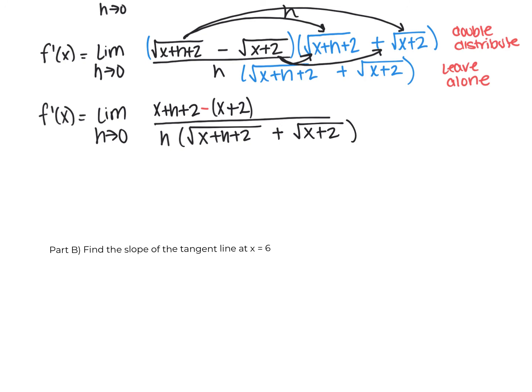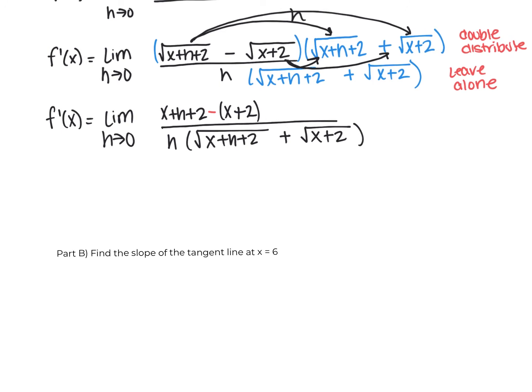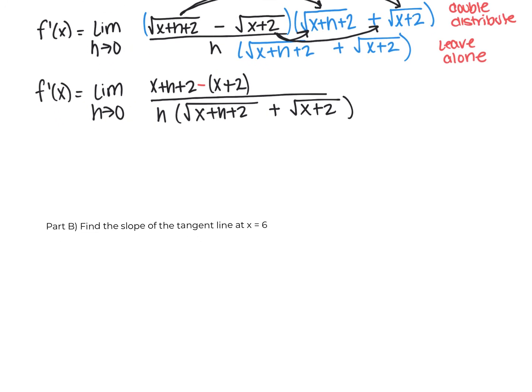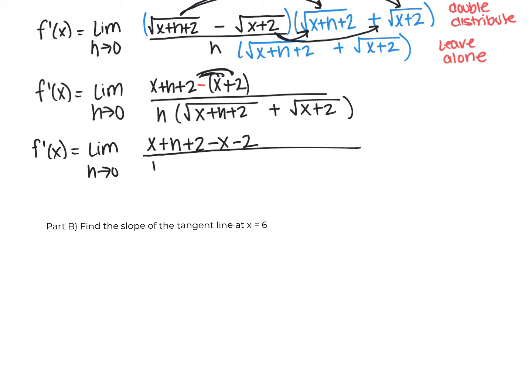So let's distribute this negative 1 and simplify. We've got our derivative, f prime of x, as the limit as h approaches 0 of x plus h plus 2, now if I distribute, minus x minus 2, all over h times rad x plus h plus 2 plus rad x plus 2.